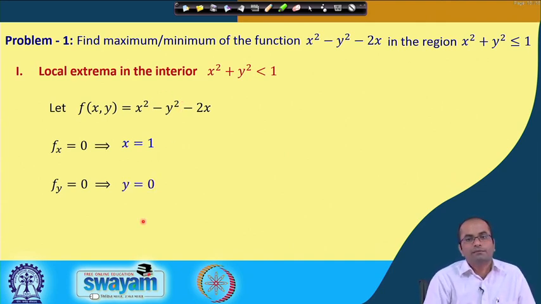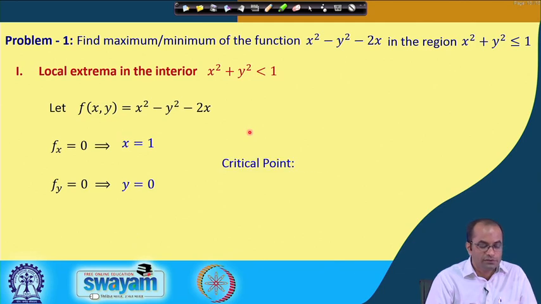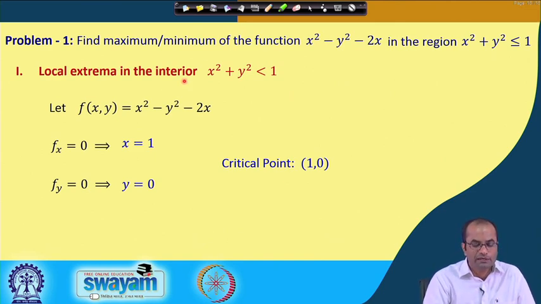So, the only critical point we find is (1, 0). But this point (1, 0) does not fall in our interior. Indeed this is a point on the boundary, but that will be automatically taken care of when we consider the boundary in the next slide.